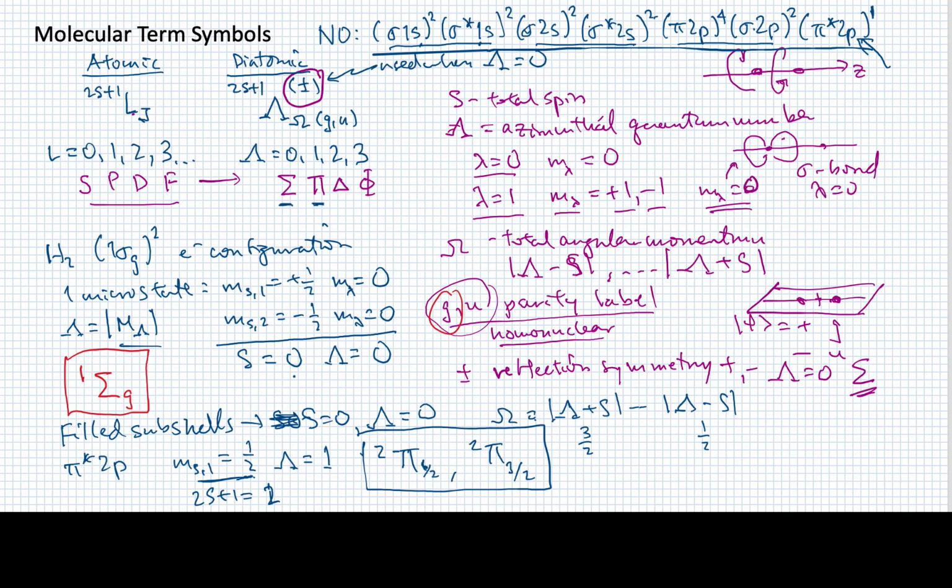And as it turns out, applying Hund's rules, we would find that this one is in fact the lower energy of the two, because this is a less than half filled subshell within the molecular terms. So this gives you an idea of how to construct those molecular term symbols. In general, they're easier to do than the atomic term symbols, so I hope you'll find these relatively easy to put together.